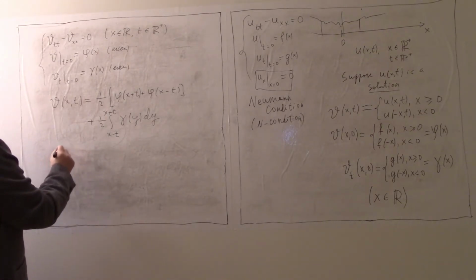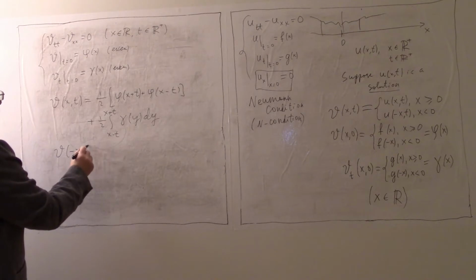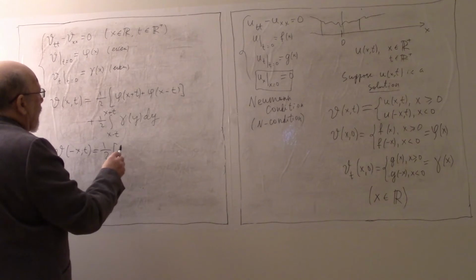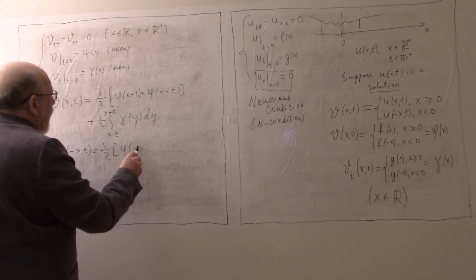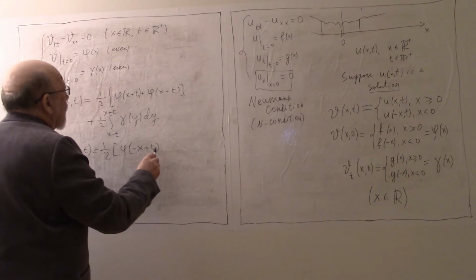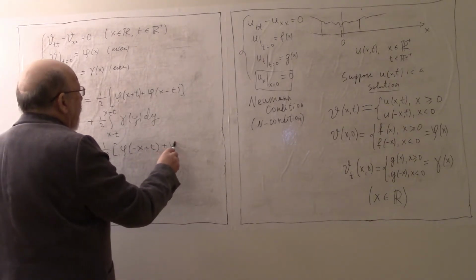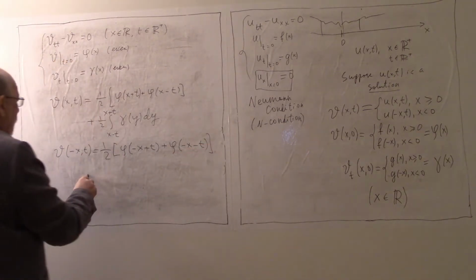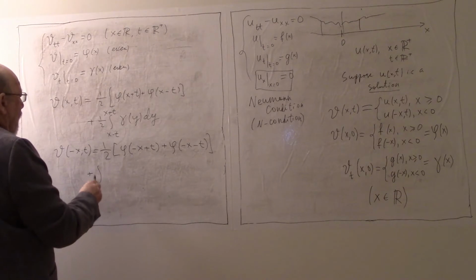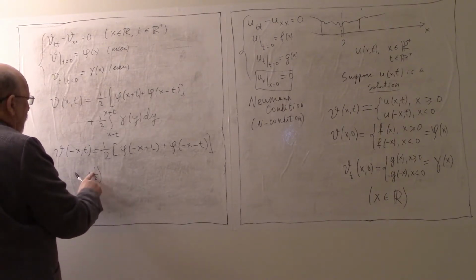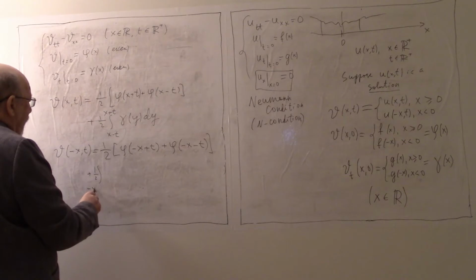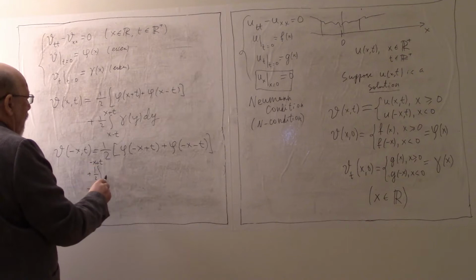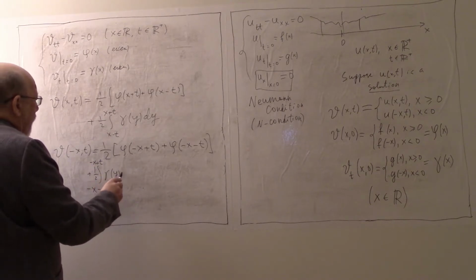So v of minus x,t, let us find it. 1/2 phi of minus x plus t plus phi of minus x minus t plus 1/2 integral from minus x minus t to minus x plus t gamma of y dy.